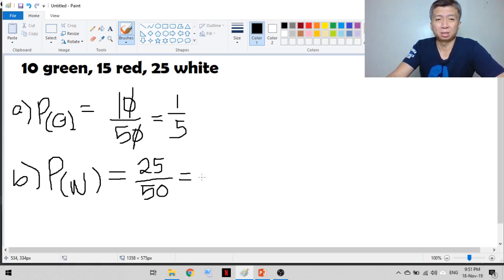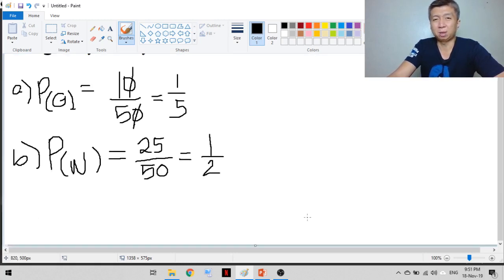Dalawa, di ba? So, 25 divided by 25 is 1. And 50, hatiin mo sa tig 25 pesos, meron kang dalawang 25 pesos. Ganun lang, gawin yung pera kung nahihirapan kayo. Sabi nung iba, mas madali pa daw magkwenta ng pera. O edi yung pagkakwenta sa math, gawin yung pera.